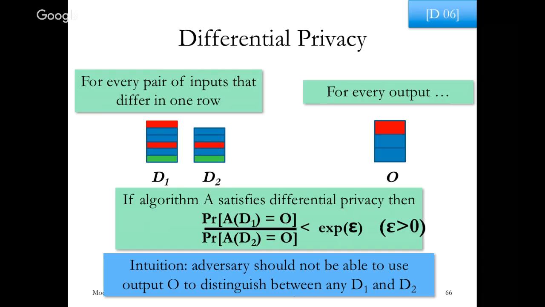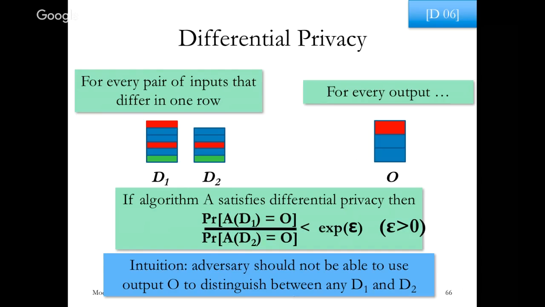The probability of producing that particular output when the input is D1 over the probability of producing that same output when the input is D2, that ratio has to be bounded, and it has to be bounded by e to the epsilon. The intuition behind this is that the adversary should not be able to use the output O to distinguish whether the input was D1 or D2.